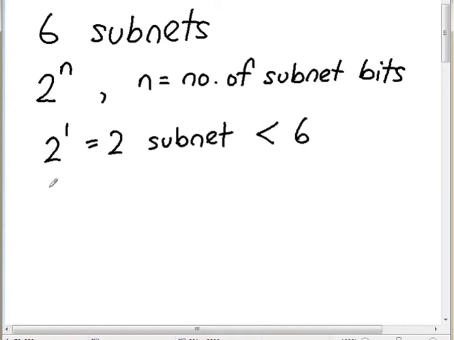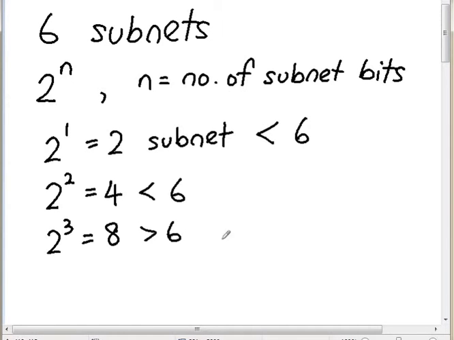So let's continue. If we have 2 to the power of 2, which is equal to 4, again it is still not enough because it is less than the 6 subnets that we need. So let's try 2 to the power of 3. Okay, so 2 to the power of 3 is 8, which is greater than 6 subnets.